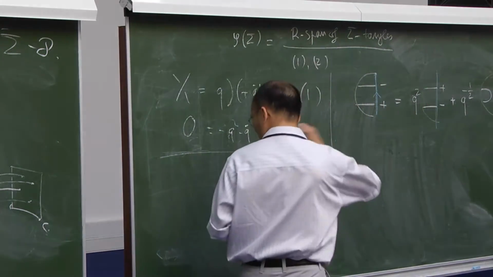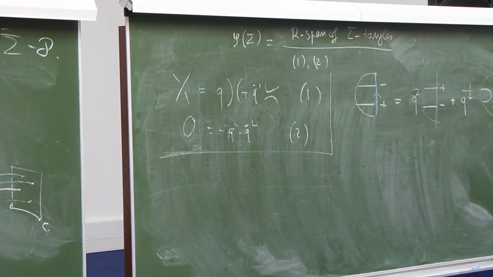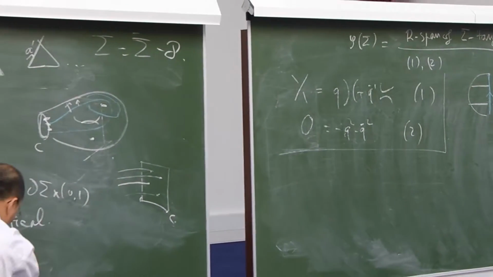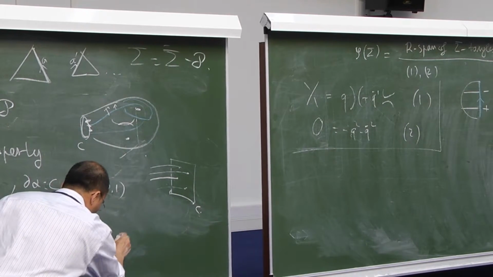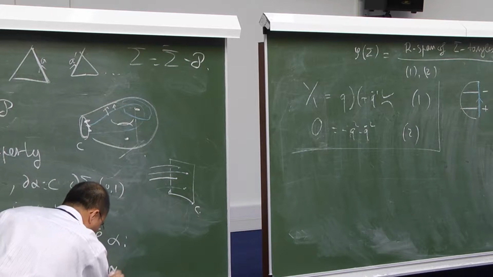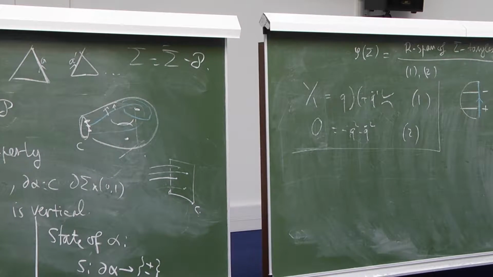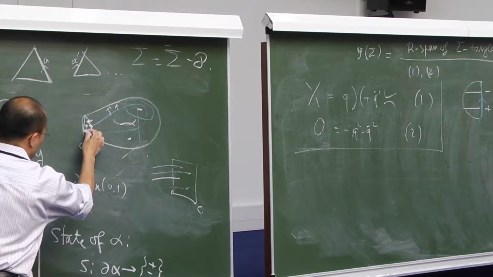Oh, I forgot. Also, a state of a tangle is any map f from the boundary points of the tangle into plus or minus. So maybe I put here a plus and here a minus.